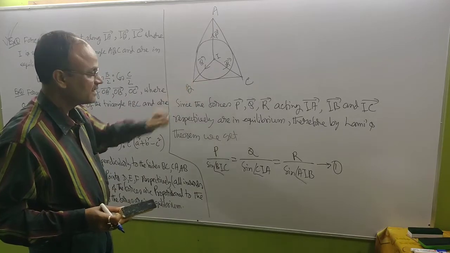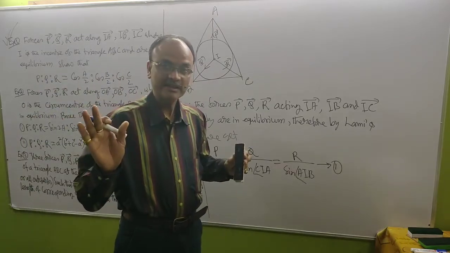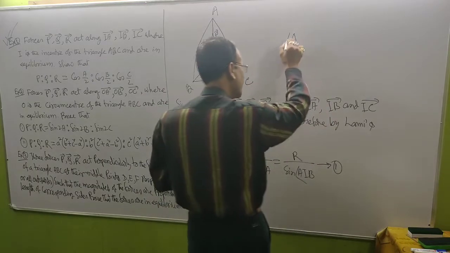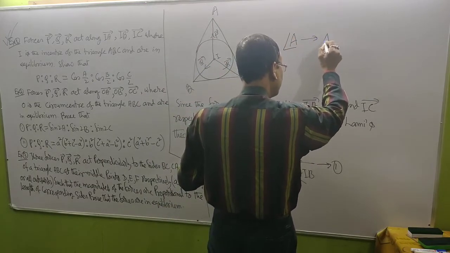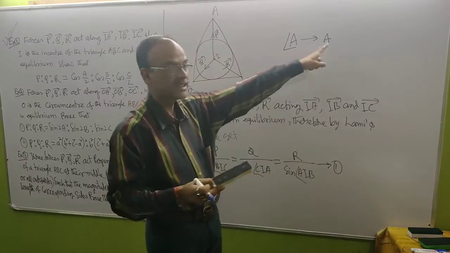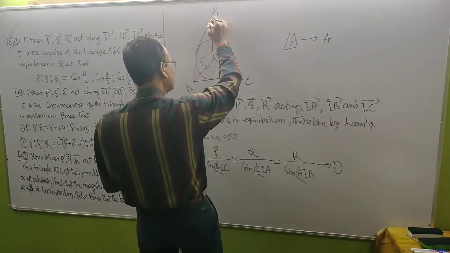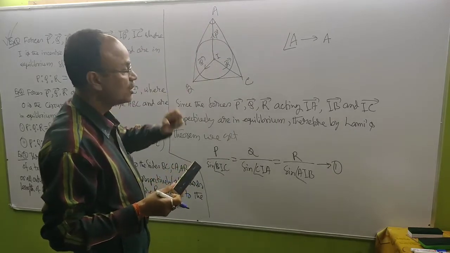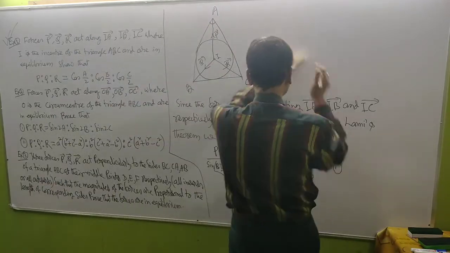Now, generally, in a triangle ABC, the angle A, we know this angle is equal to angle A. Angle A means this one, the interior angle BAC.